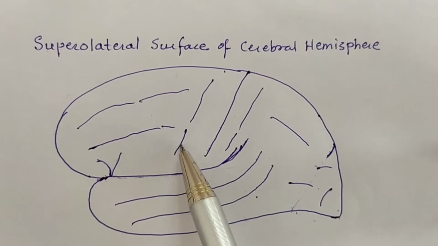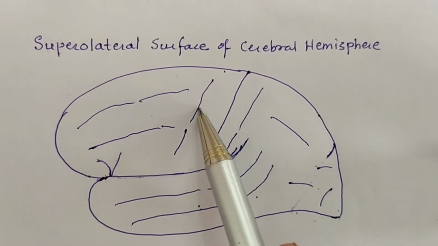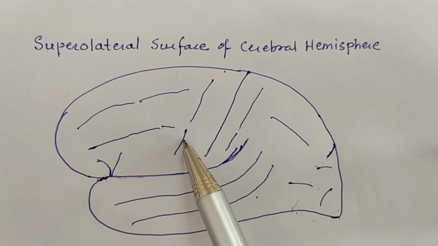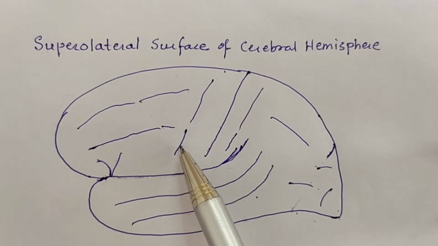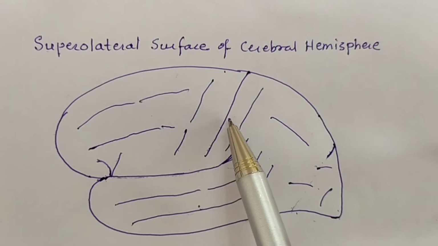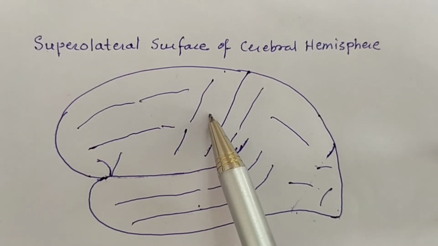In the frontal lobe, anterior to the central sulcus and parallel to it lies precentral sulcus. The sulci may be single or they may be divided. The area between central sulcus and precentral sulcus is the precentral gyrus.